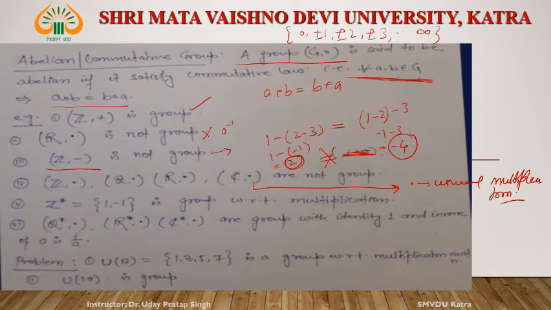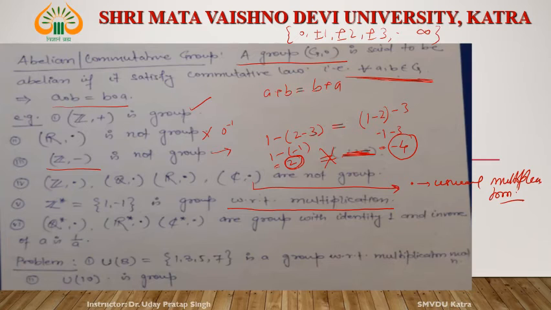Then Z with respect to usual multiplication, Q with respect to usual multiplication, R with respect to usual multiplication, and complex numbers with respect to usual multiplication are not groups. Right? Then what is Z star? Consider Z star as the set {1, minus 1}. This is a group with respect to multiplication. Right? Later on we will discuss this example by the composition table.